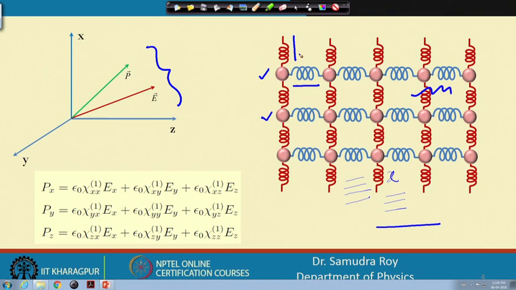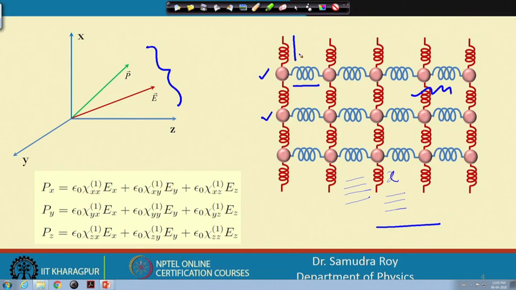If I launch an electric field and something is displaced due to it, this displacement may not be in the same direction as the electric field; rather this displacement is complex. This complex displacement cannot be explained by a collinear relation. So, the displacement of the charge will be in a different direction from the applied electric field.